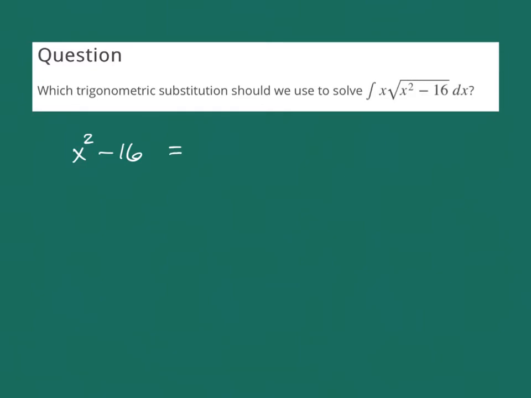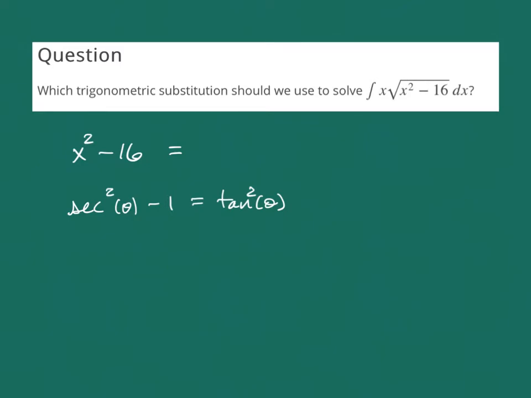The substitution we have in mind is secant squared minus 1 being tangent squared. In order to factor out something and use this, we need an extra factor of 16 in there, and 16 is 4 squared.